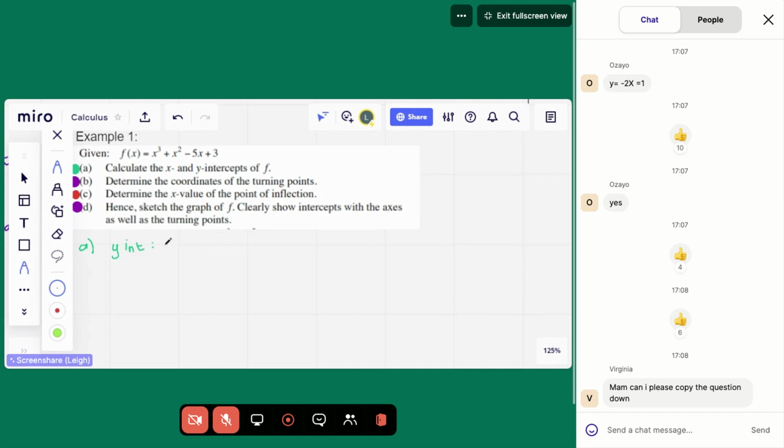I think it's 3. It is quite right. So 0 and 3. All right, so those are the coordinates of the y-intercept.